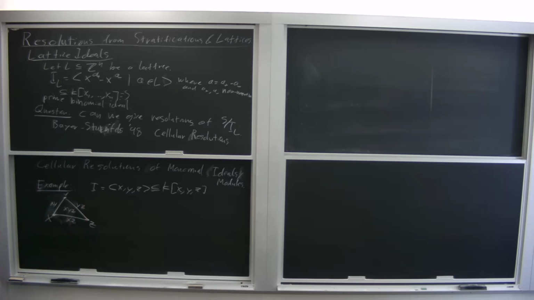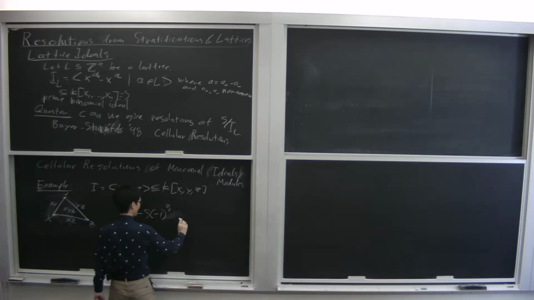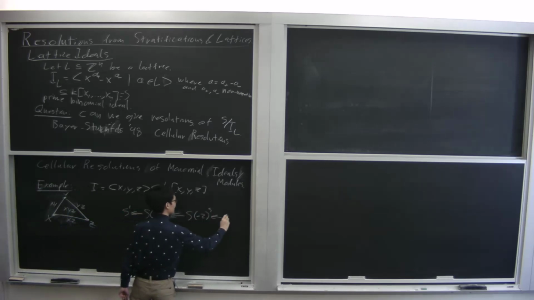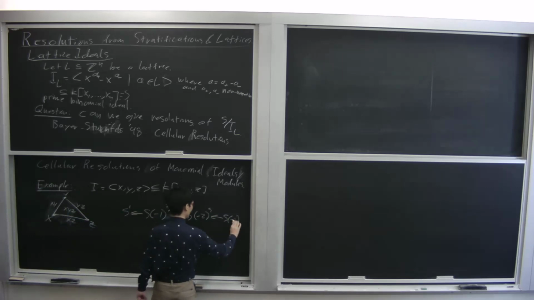Of course, there's only one plausible, simple, and easy resolution of this ideal, which is the chain complex: S, S^3, S^3, S^1.